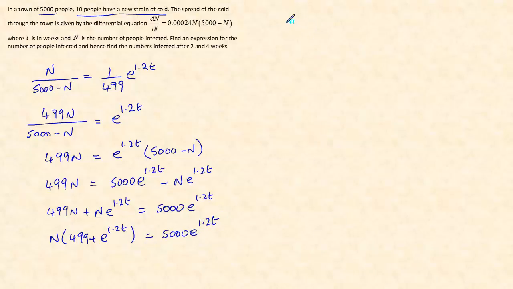And then n is going to be 5,000 e to the 1.2 t over 499 plus e to the 1.2 t.